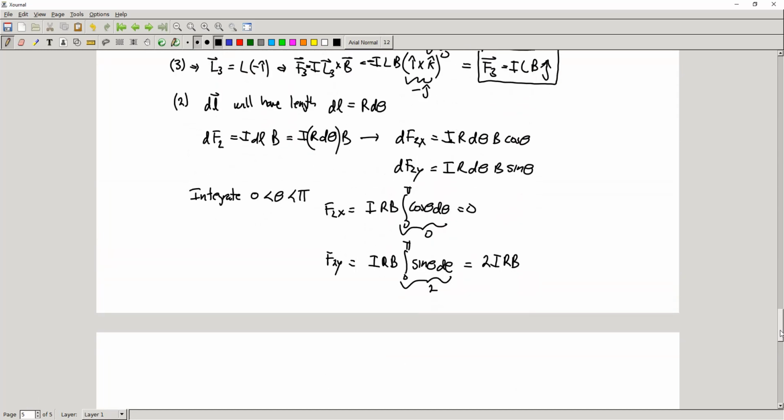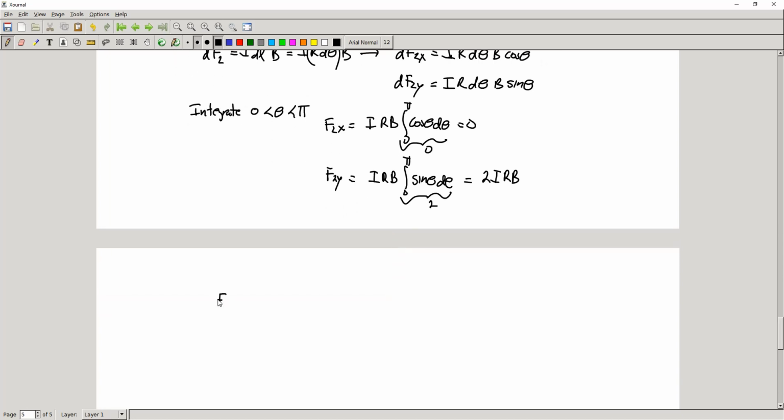Okay, so we now have this contribution for F2 in the y direction. There is no contribution in the x direction, so it makes it kind of simple, right? We can write down our full vector F2 as this magnitude, 2 I R B, and it points in the j hat direction.